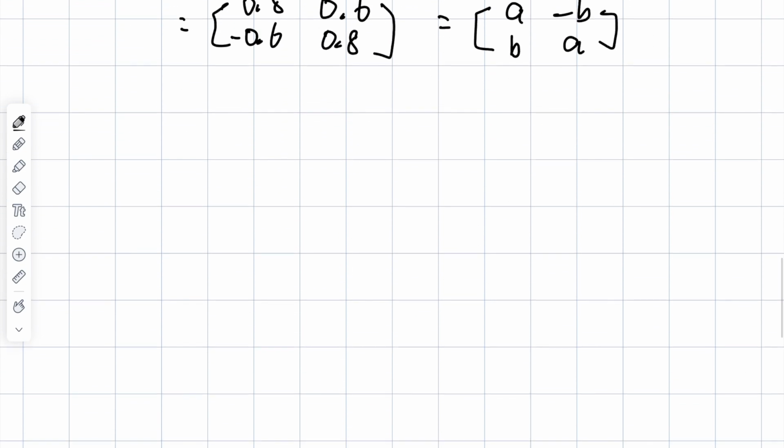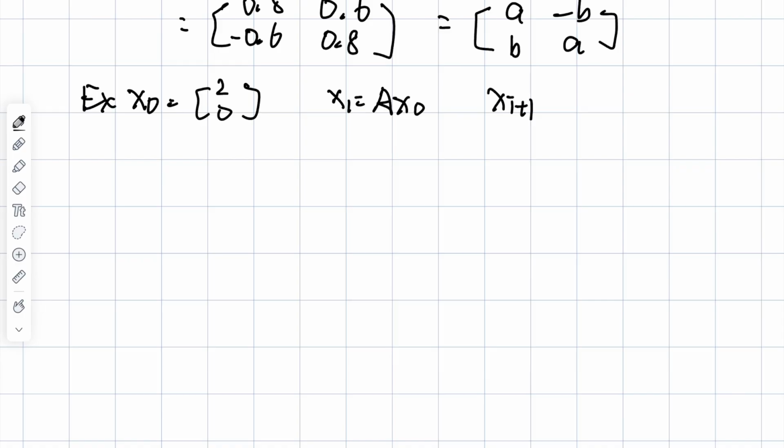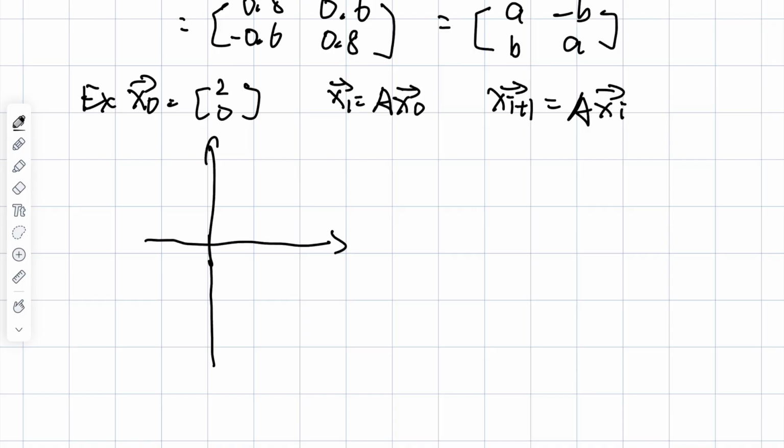Well, if you see example 3 in the book, it will give you a sequence x0 is 2, 0. Then let x_{i+1} equal A times x_i. Then it will give you an ellipse.